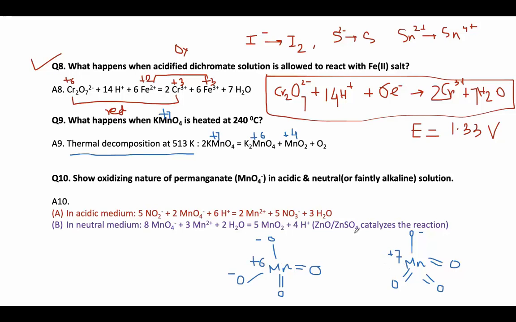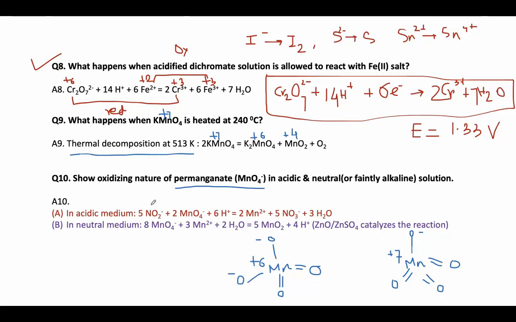Now the last question is: show the oxidizing nature of permanganate in acidic and neutral or faintly alkaline solution. Permanganate can show oxidizing property in acidic solution as well as neutral solution. When the solution is faintly alkaline, MnO4 minus can also show its oxidizing property.